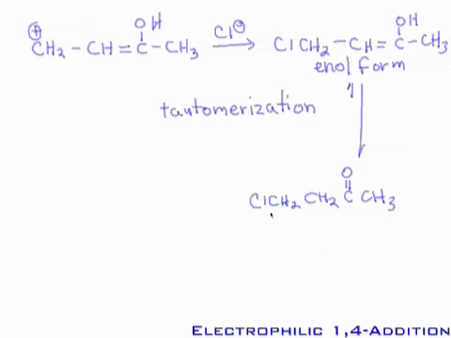However, the 1,4 addition does lead to the enol. Originally in the initial enol form, if this was position 1, 2, 3, 4, then the chlorine added to position 4. Okay. All right.